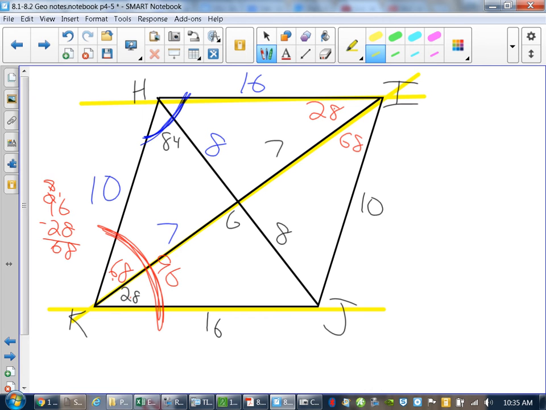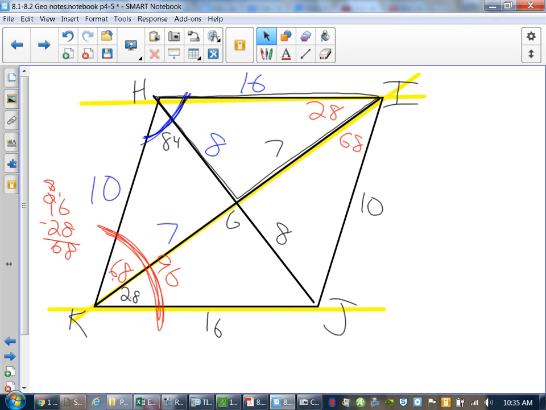Now, look what happens here. Actually, let me just draw this on the outside here. If you go to the triangle that you have up top, I have triangle H. I have that, correct?